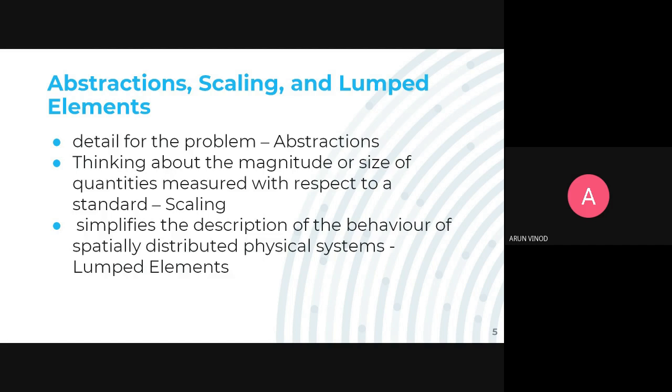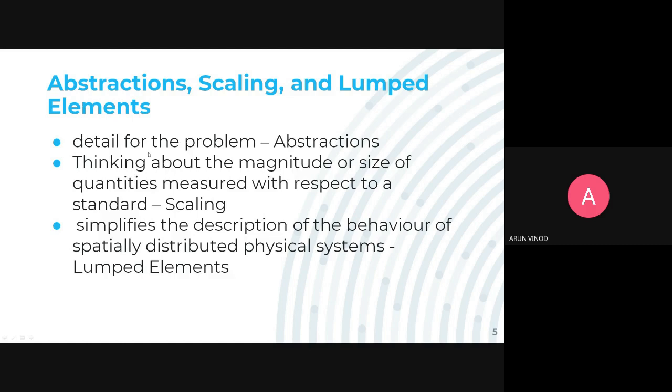So three things we have discussed: abstraction, scaling, and lumped elements. What do you mean by abstraction? Abstraction means the detail of the problem is converted into a smaller size. Then you are scaling it.